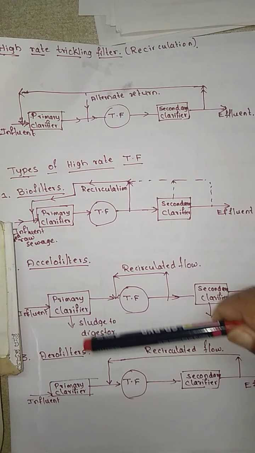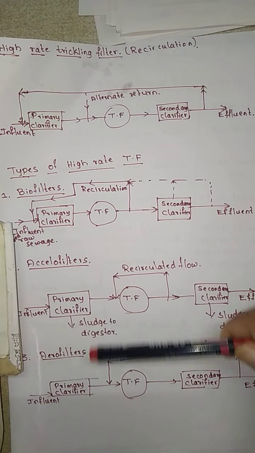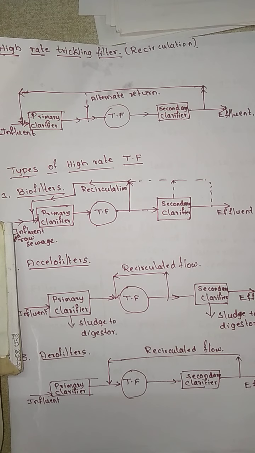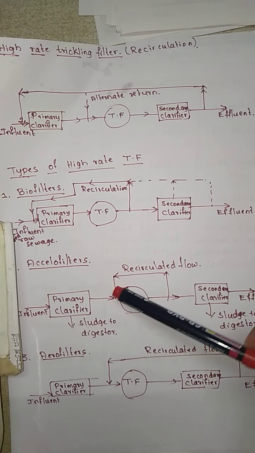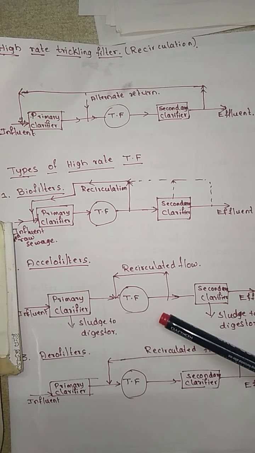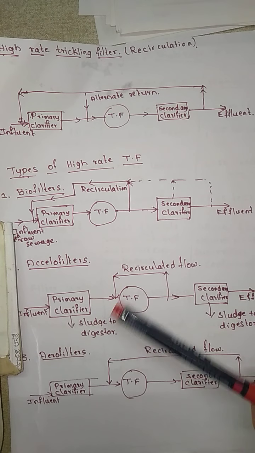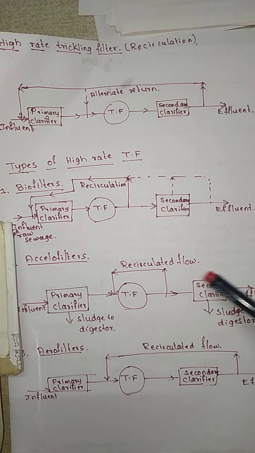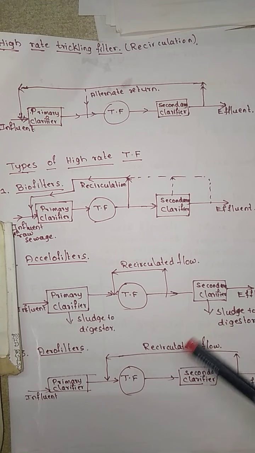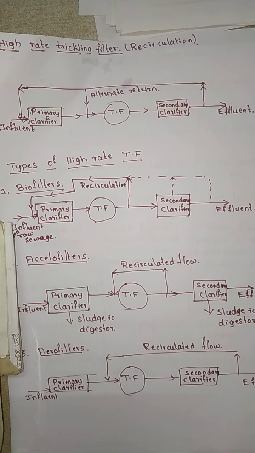Here the sludge is going to settle down and go to the digester, and whatever water remains from the primary clarifier goes to the trickling filter. Again here it is going to be recirculated to the trickling filter, and from the secondary trickling filter it is going to settle down into the exhalofilters, and then the effluent is going to be obtained.